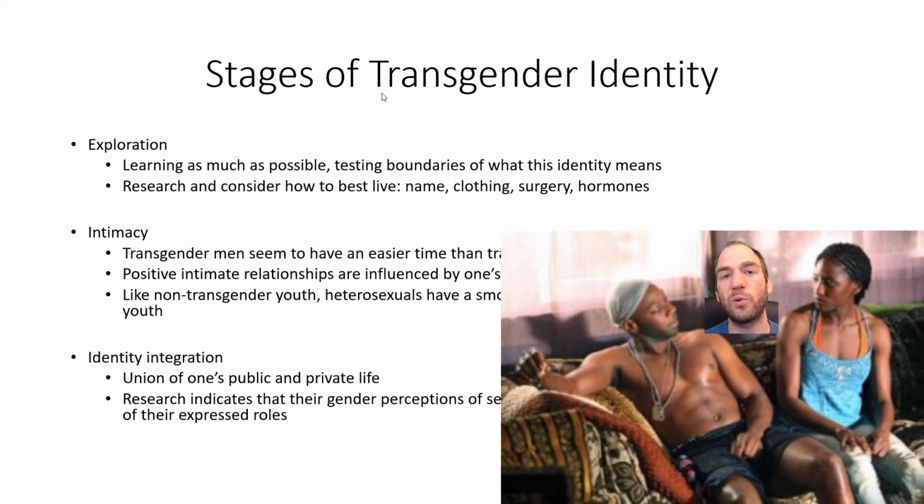If it's somebody who may be more wealthy, has the financial resources to support themselves, to pay for gender reaffirming surgery, or even social resources, having family members or a community that supports them more, studies suggest there are more positive developmental outcomes. The scarcity or plentifulness of those social and economic resources contributes to the progression of these stages and when these stages begin.